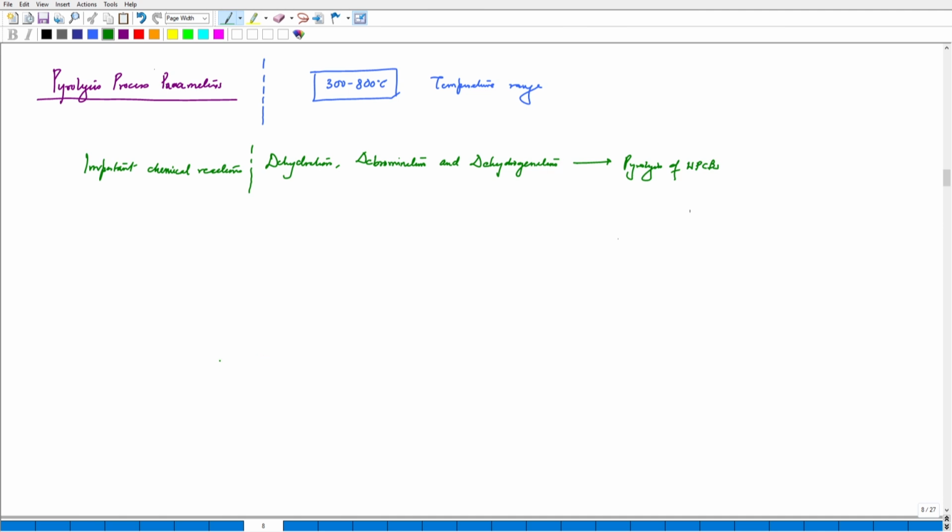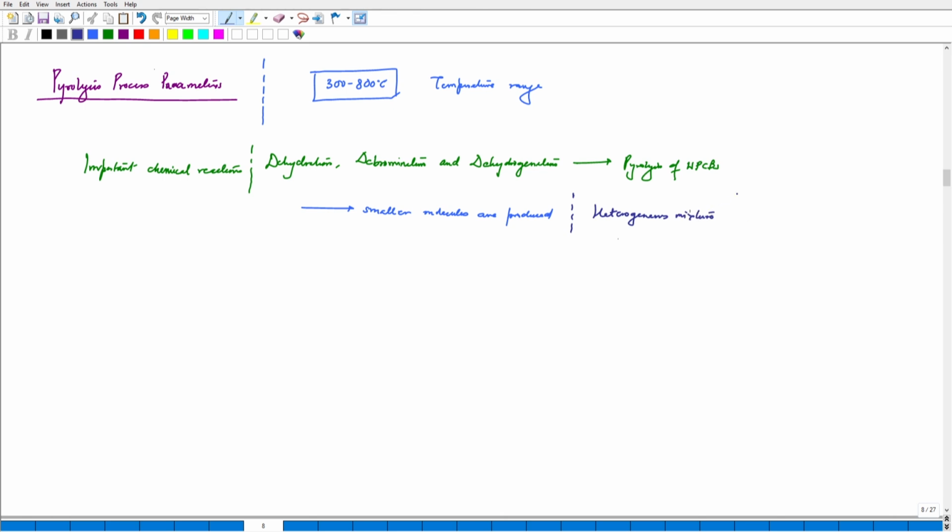And what really happens is basically smaller molecules are produced, and it leads to the generation of a heterogeneous mixture. One might wonder, what type of mixture are we talking of?